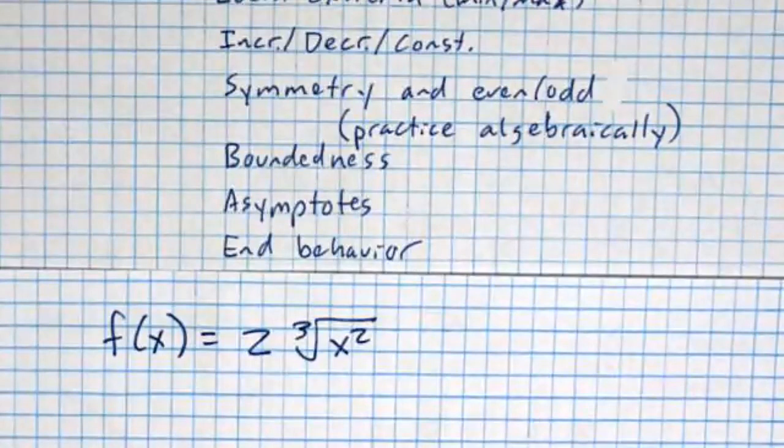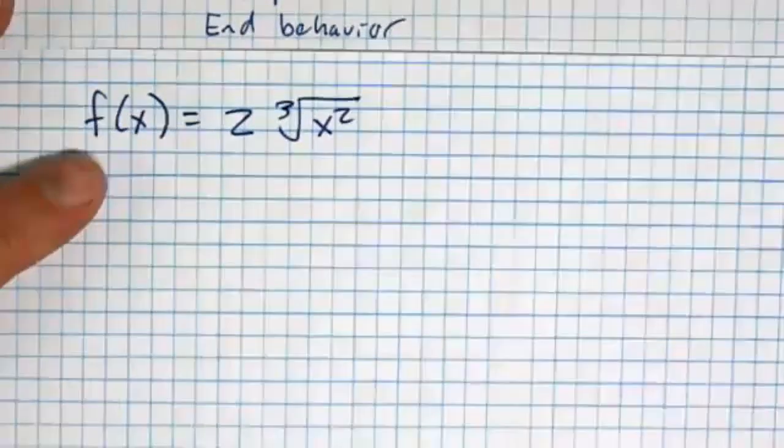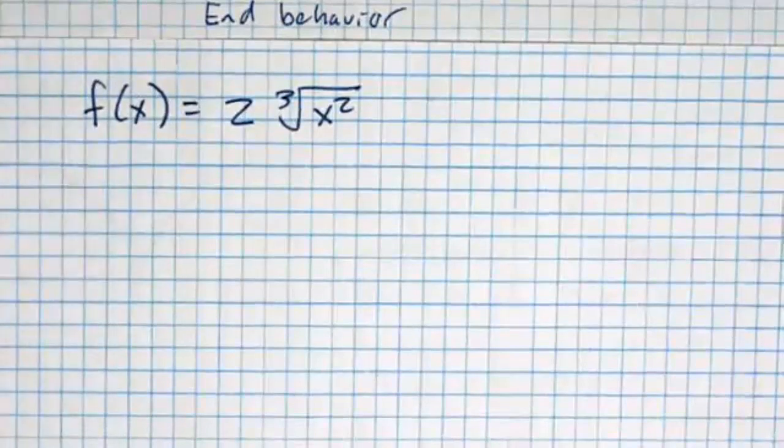So we're going to graph this. We're going to analyze it. Let's start our analysis by making sure this is indeed a power function.